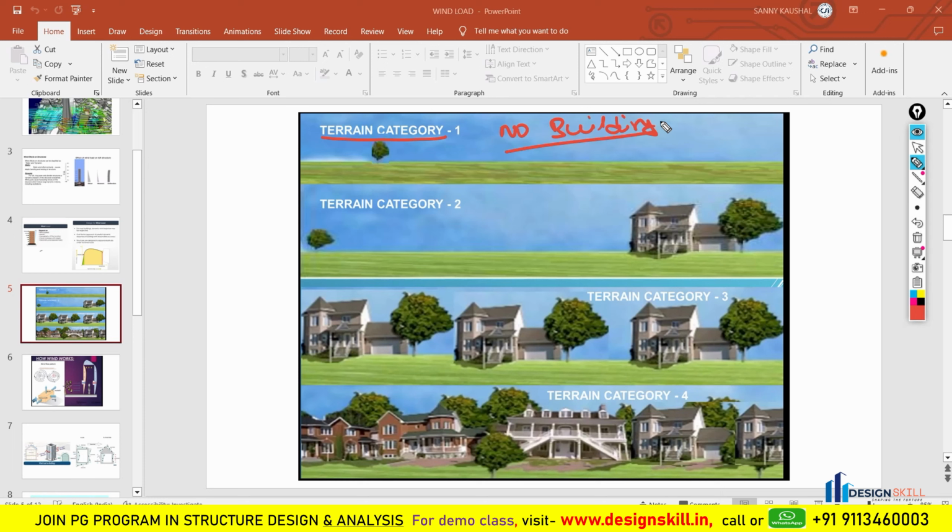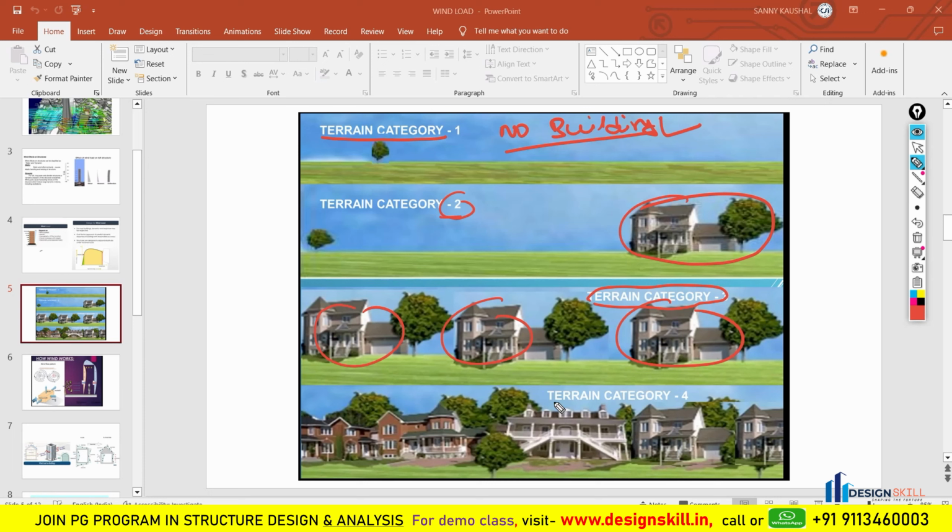In terrain category 2, you will find one building here. That means there is an obstacle to the wind but very little. In terrain category 3, you will find that a few buildings are constructed here. It means there will be wind obstacle but small.